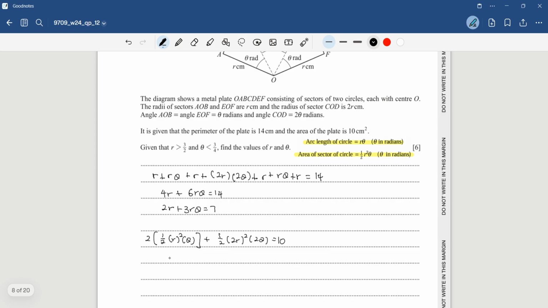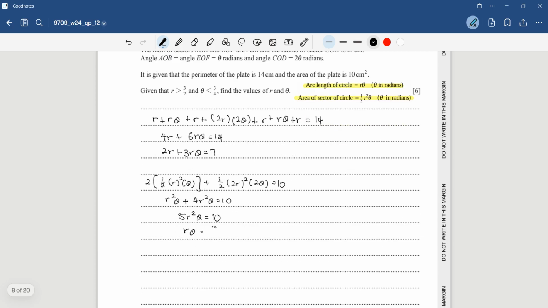So it will be R squared theta plus 4R squared theta equals 10. So 5R squared theta equals 10. Therefore, R theta will be 2 over R. I just divide by 5R so that I can have R theta. So this R theta I can substitute directly, so it is easy for me.